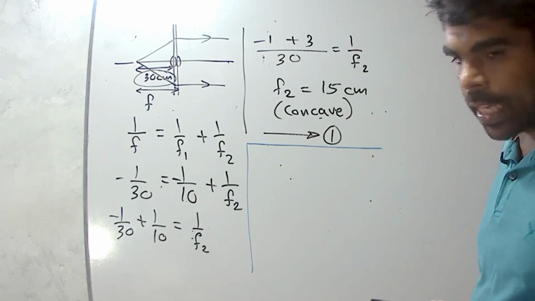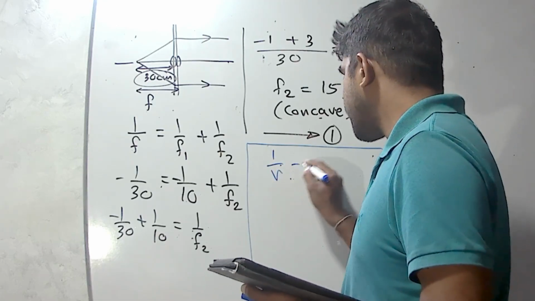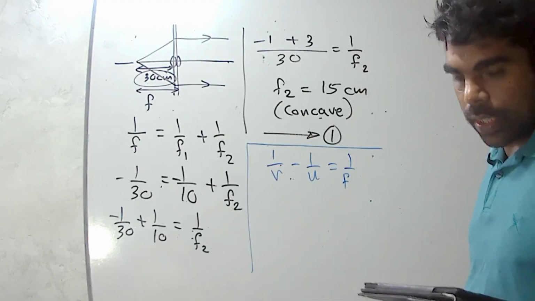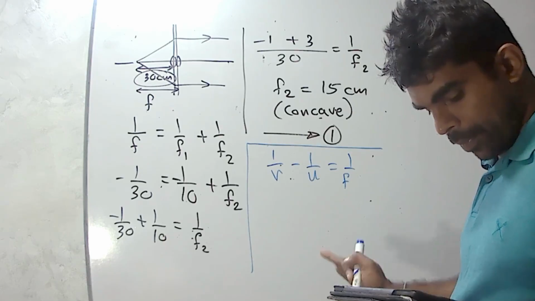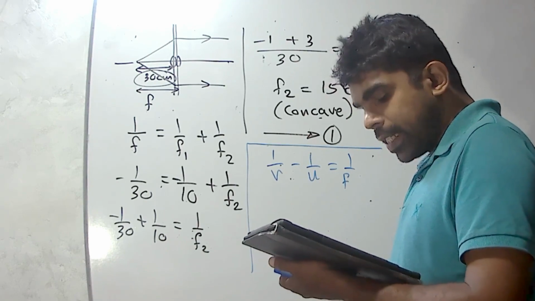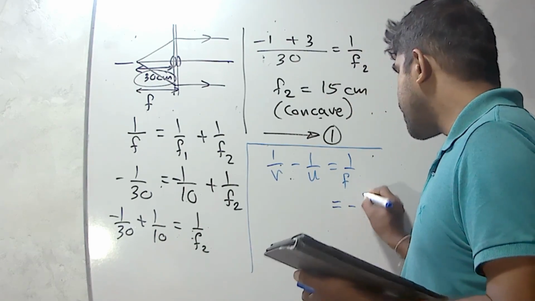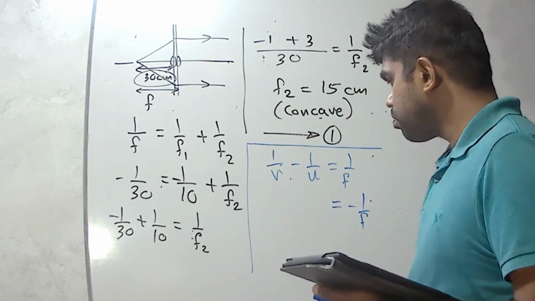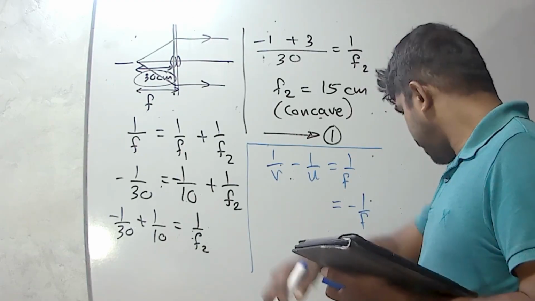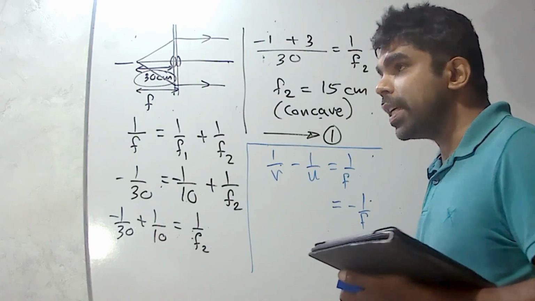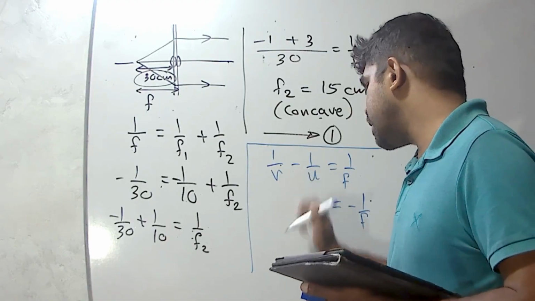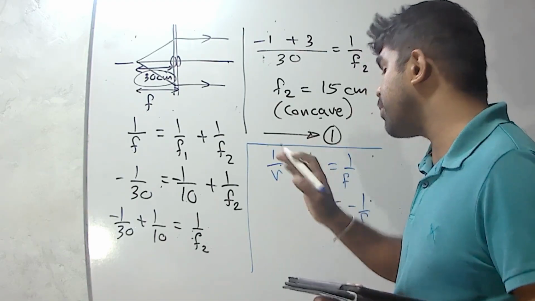I will use directly the lens formula, 1 over v minus 1 over u equals 1 over f. Then we can consider the sign convention. The lens is a convex lens, therefore f should be a minus value. There is a real image. We know that we can obtain a real image by using a convex lens when the object distance is greater than the f value.